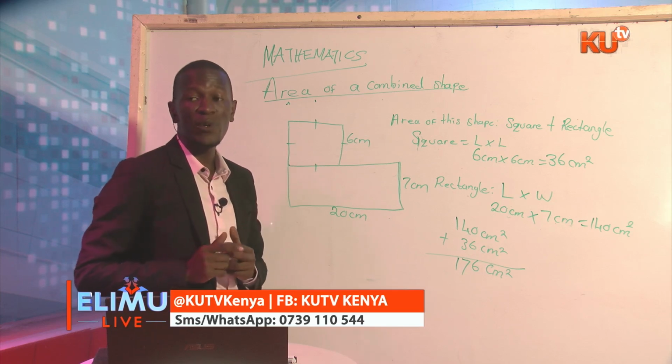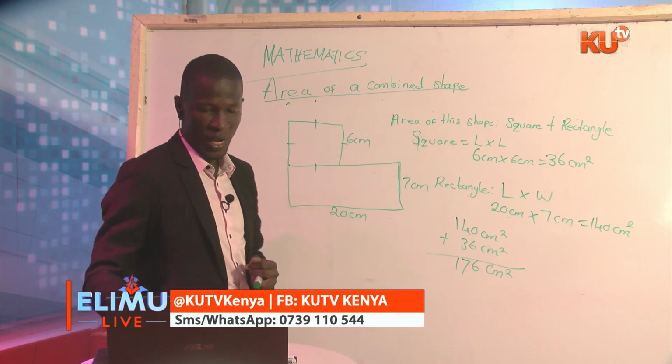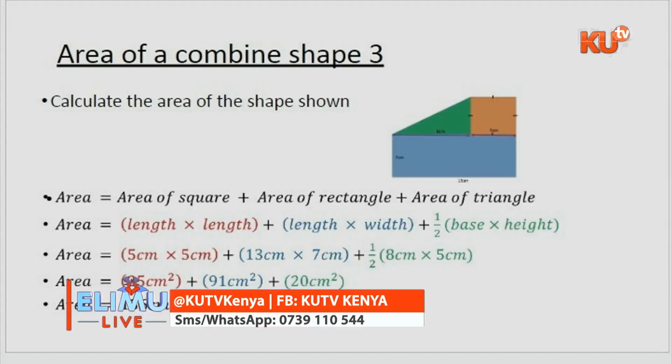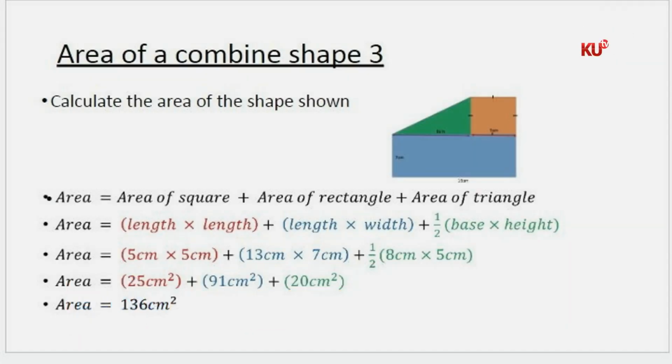I want us to move to the last example, boys and girls. That is example number 3. And we can see on our screen, it is there for us to see. Take time, look at the shapes which are there and identify which shapes you can see.